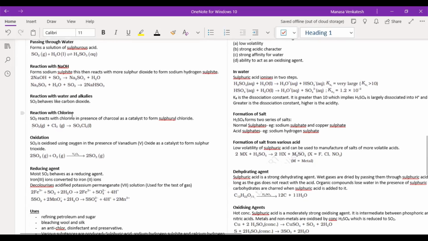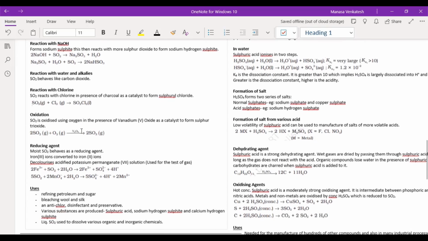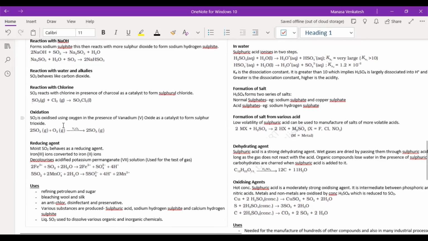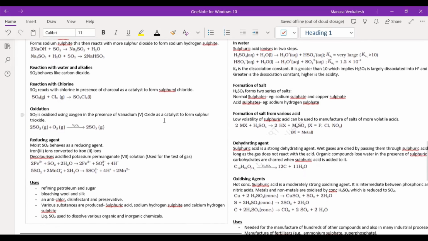Reaction with chlorine leads to the formation of sulfuryl chloride, that is SO2Cl2. Sulfur dioxide is oxidized in the presence of a vanadium catalyst and forms SO3, sulfur trioxide.